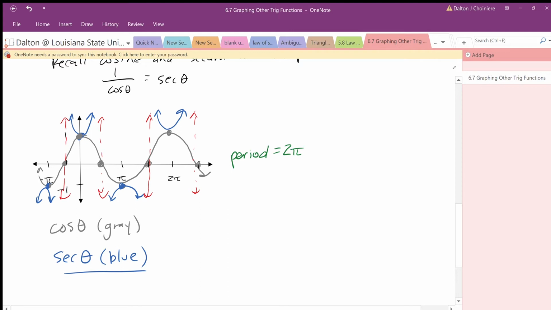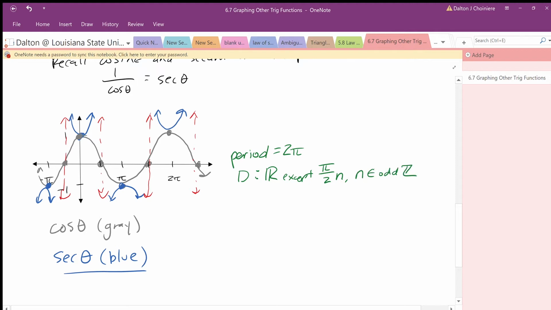Our domain is similar to the issue that we had for cosecant: it hits all real numbers except the asymptotes. The x values that it cannot equal are all the half pi's, pi over 2, 3 pi over 2, etc. So the way that we can say that is that the domain is all real numbers except pi over 2 times n, when n is an element of the odd integers.